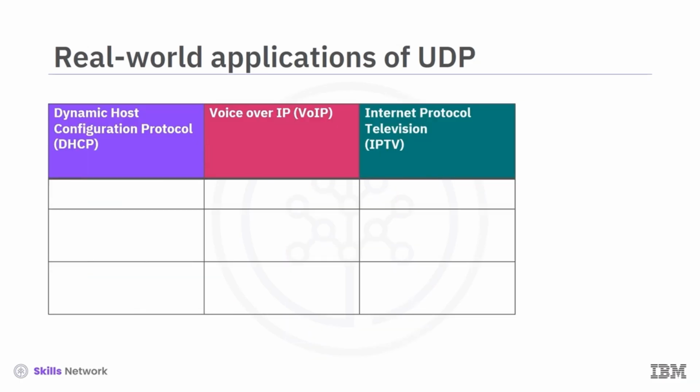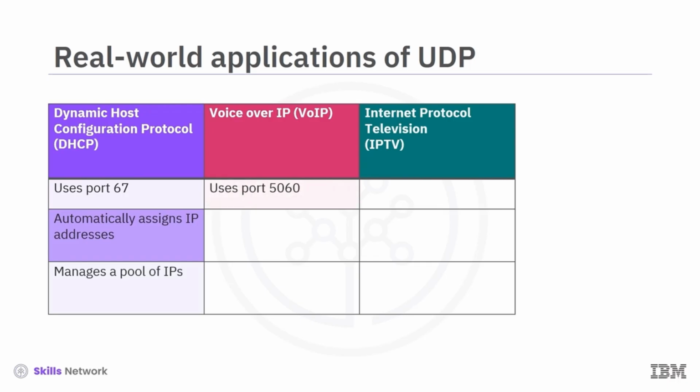DHCP, the Dynamic Host Configuration Protocol, uses port 67. DHCP automatically assigns and manages a pool of IP addresses to the systems that are subscribed to it. VoIP, or Voice over IP, uses port 5060. VoIP can also use TCP, which is used to send voice over the Internet.